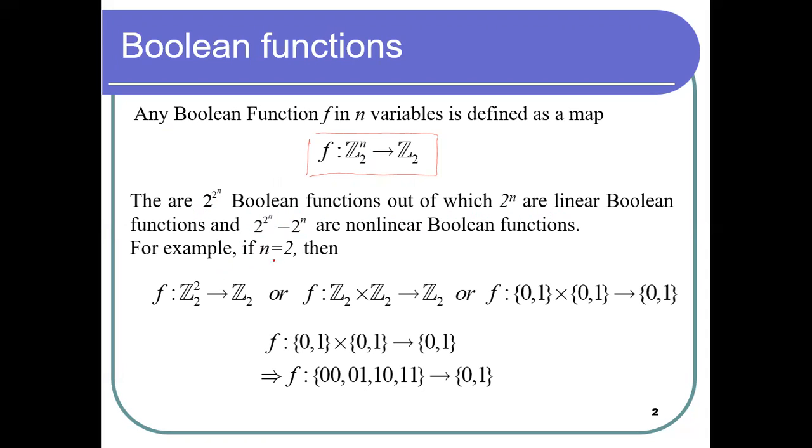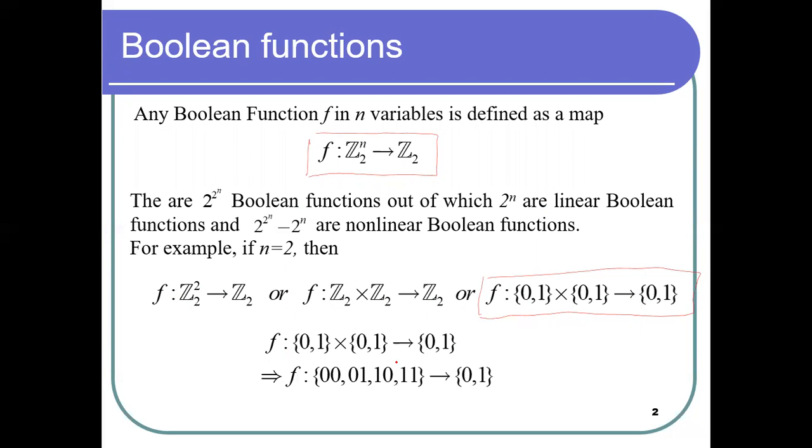For example, if I take n equal to 2, then f ranges from Z2 to Z2. Since this is Z2 to the power 2, I can write it as a cross product: Z2 cross Z2 maps to Z2. In some books, we can write it like f from {0,1} cross {0,1} to {0,1}.